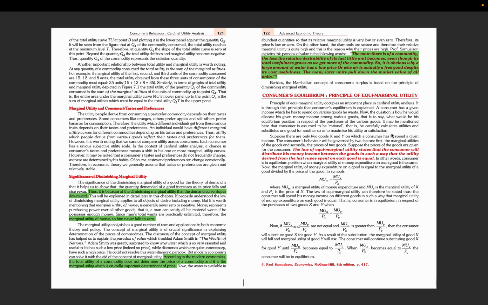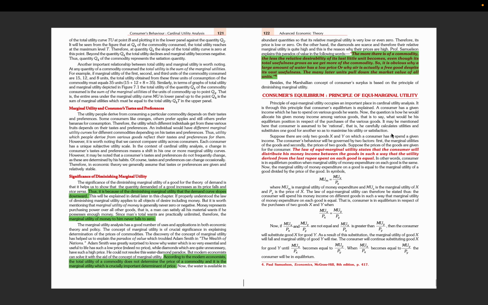First is the marginal utility that you're getting from those goods, because that would directly imply what you're going to buy and in how much quantity. The second one has to be, of course, the price, because if something is expensive, then the law of demand states that you're going to buy less of that good.